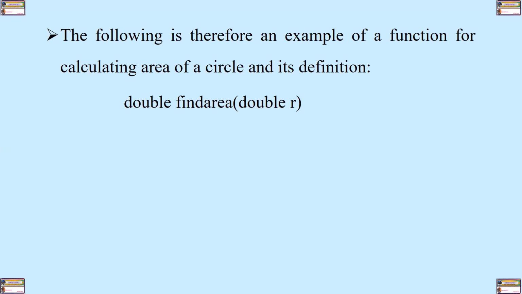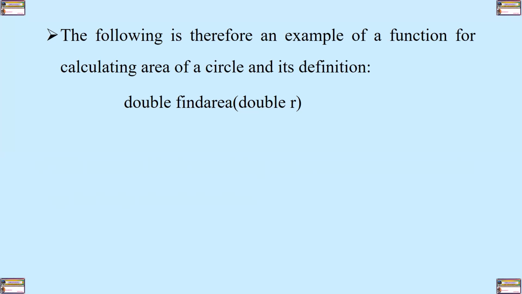It is receiving a certain value which is going to be placed in a temporary placeholder called R, and the value to be stored there is of type double. And just as we have said, this function is supposed to return the value for area, the result, and therefore this result is going to be of type double.